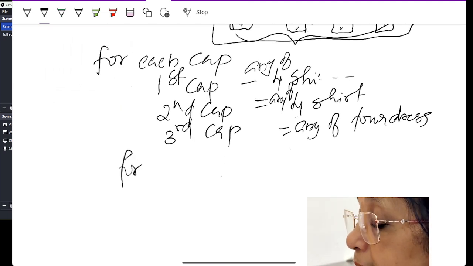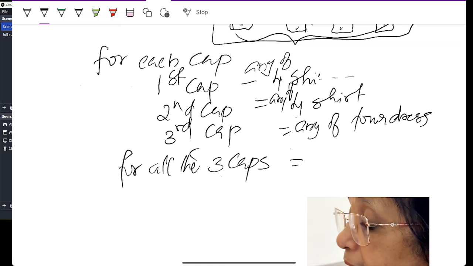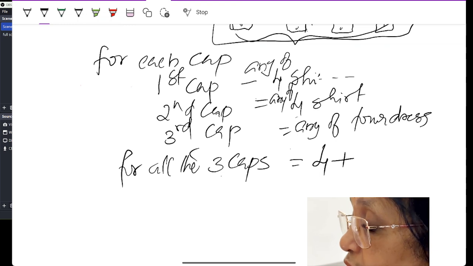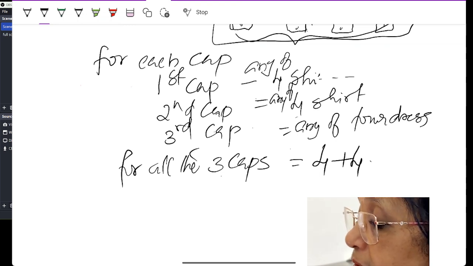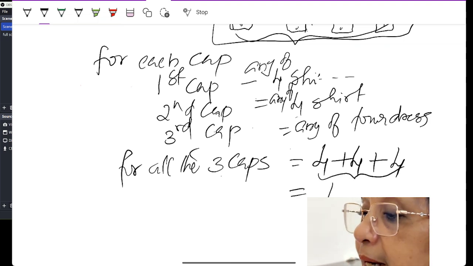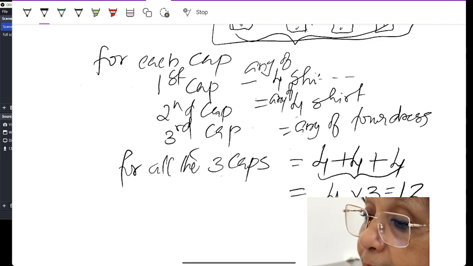For all the 3 caps, how many dresses can he take? This 4, then this 4, then this 4. That is 4 multiplied 3 times. So he can wear this in 12 combinations.